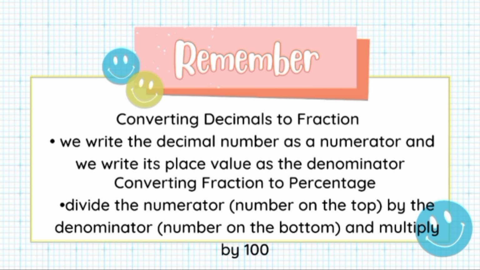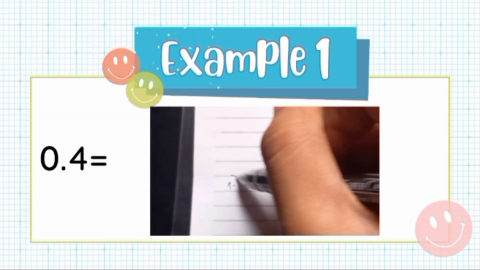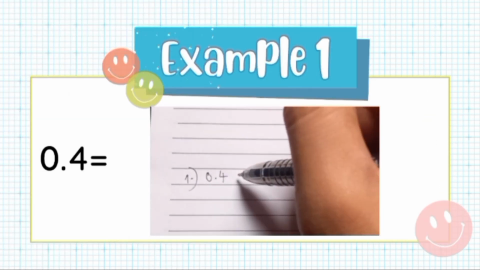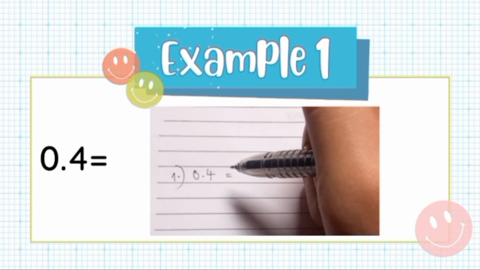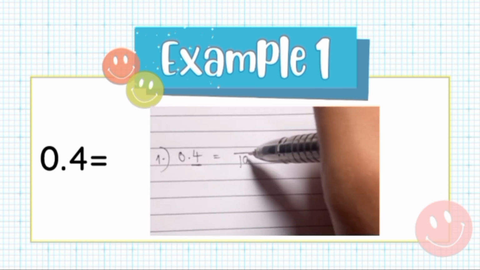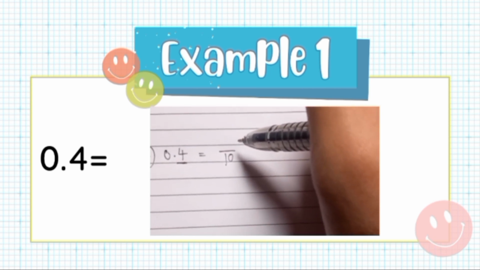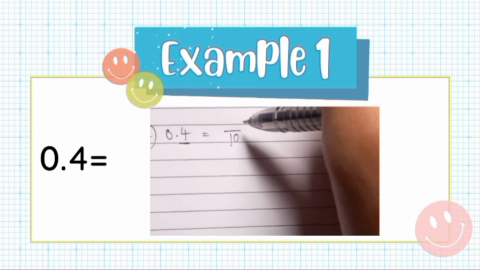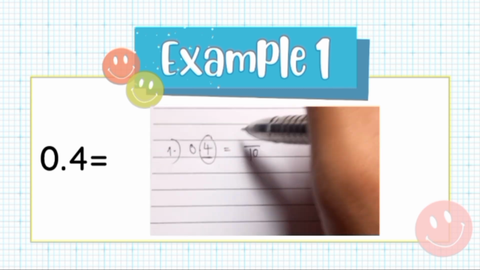As we go through this example, let's proceed here, where we have 0.4. Now that decimal ends in the tenths place, so that's going to be the denominator for our fraction. Again, wherever the decimal ends, that's going to be your denominator, so 4/10.